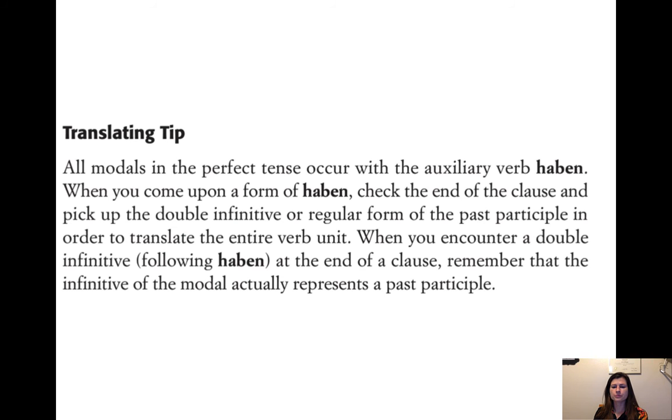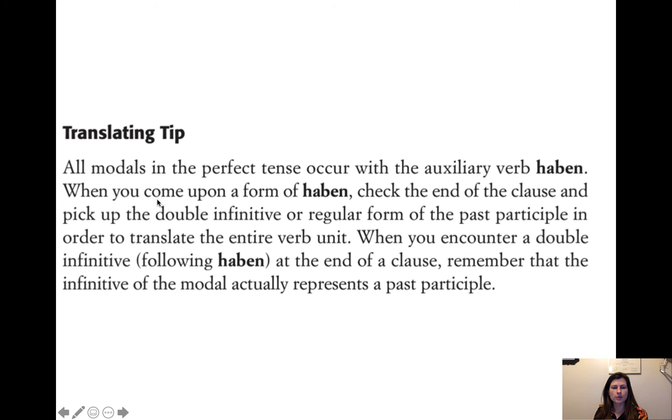You had to learn that when you did the perfect. But if there's any modal involved at all, then it defaults to haben. So even if the verb would have used sein, to be, as its auxiliary helping verb, it doesn't matter anymore because the modal verb is now making it haben instead.